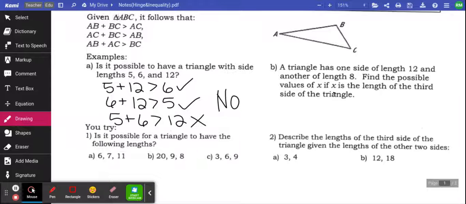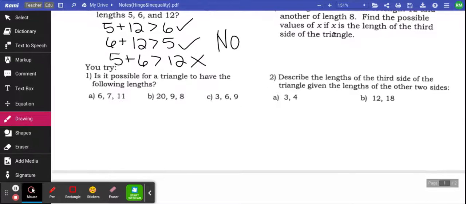Any other questions about this? Does this make sense? How I figured those out. Okay, so a triangle has, we did that. Let's jump down to number 1 and practice those because we just went over that. So you're going to look at A, and you might not have to write it all out, but if it helps you, go ahead and write it all out. It would be 6 plus 7 is greater than 11.